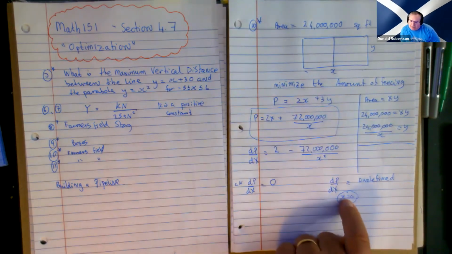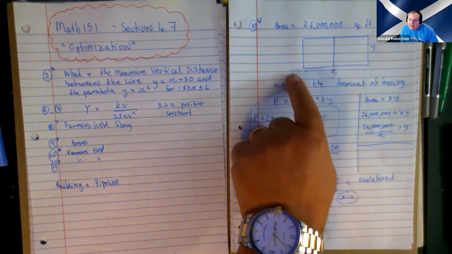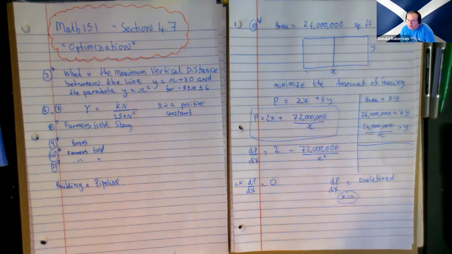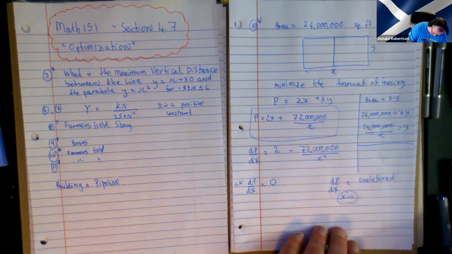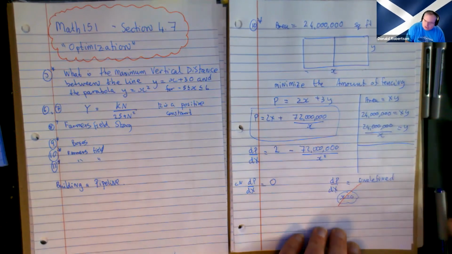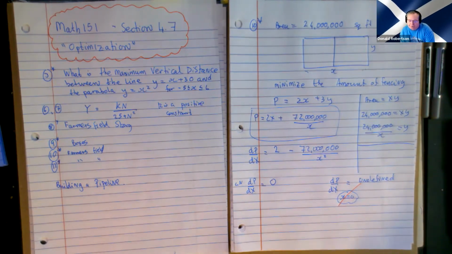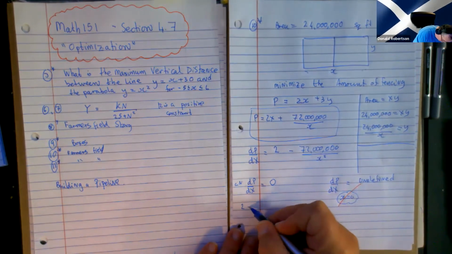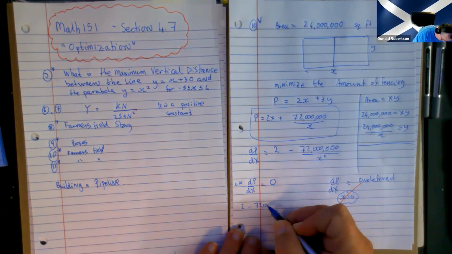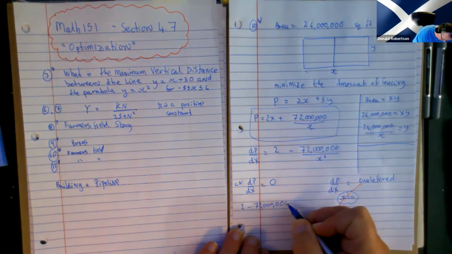Well, in a way, this is silly, because if X is 0, doesn't the rectangle disappear? And so we are going to throw that out as a non-usable possible solution. On the other hand, this horrible thing could be, and it will be, equal to 0 somewhere.